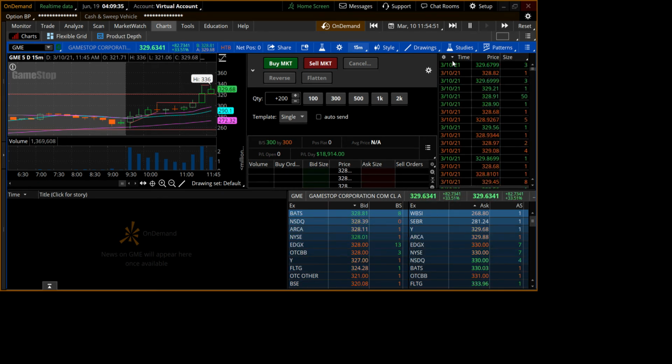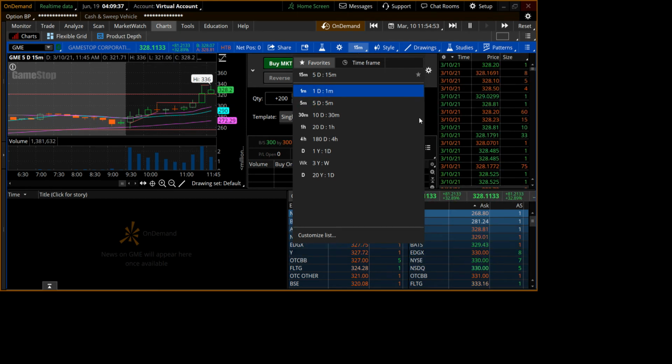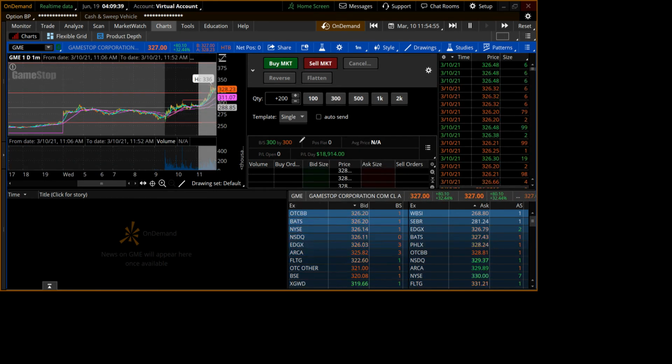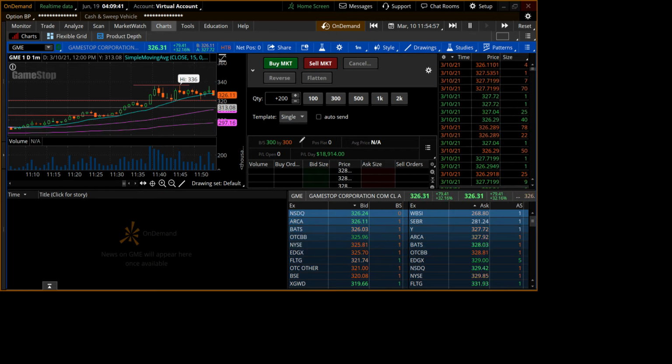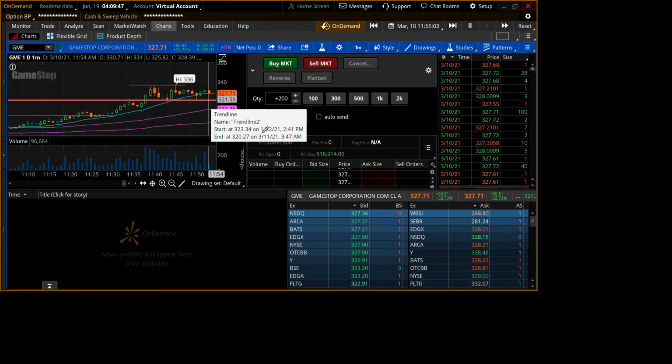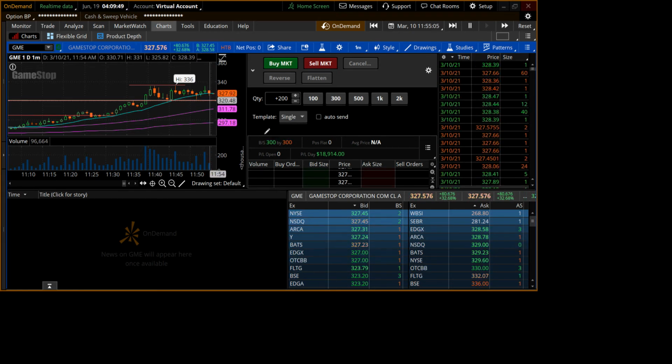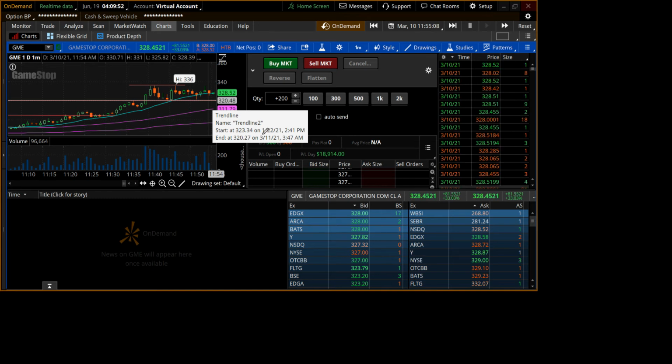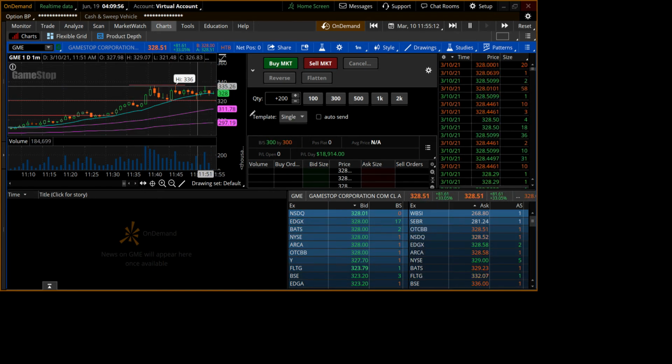But let's go back into the 1 minute, all right? Because we're day trading here. You see? Now we're going to retest again. We're going to retest that bottom again to see if it'll break. And if it breaks, we're going to head lower. Remember, this is the triple top.